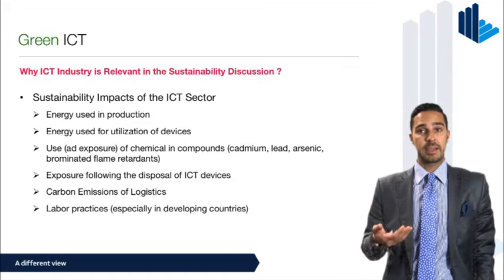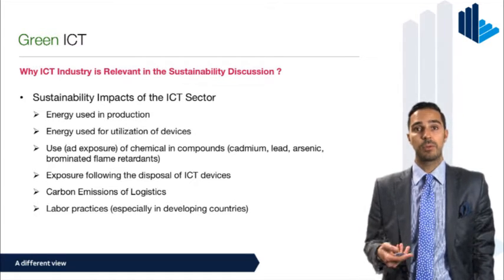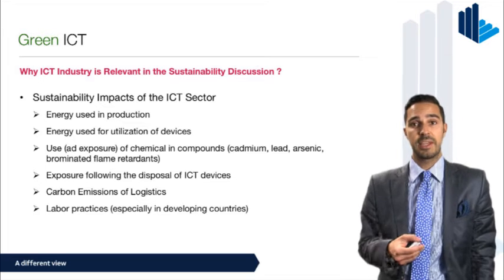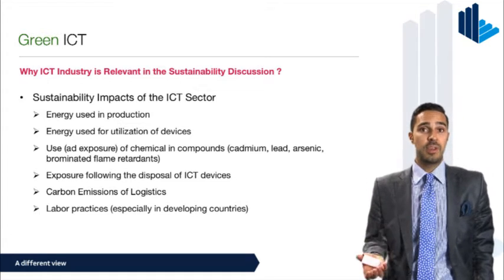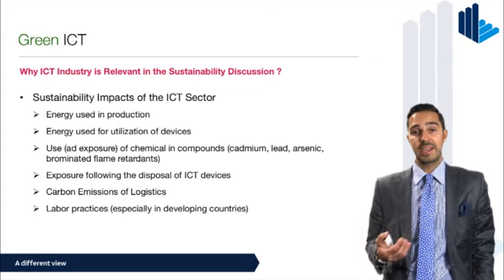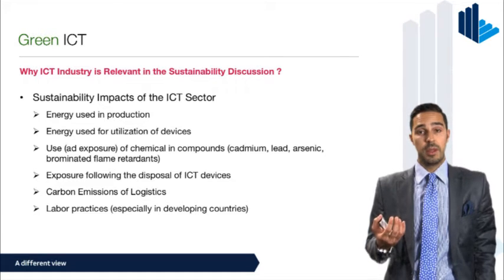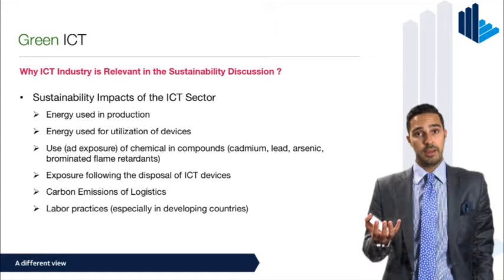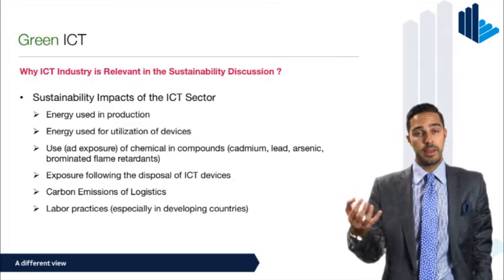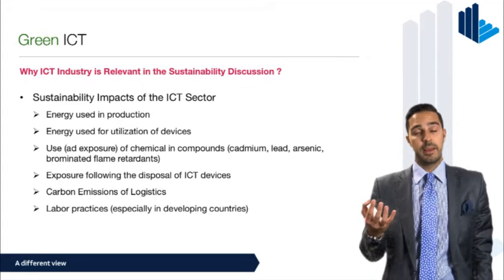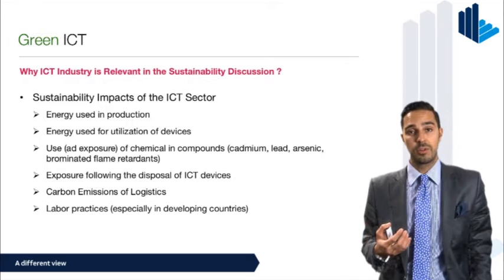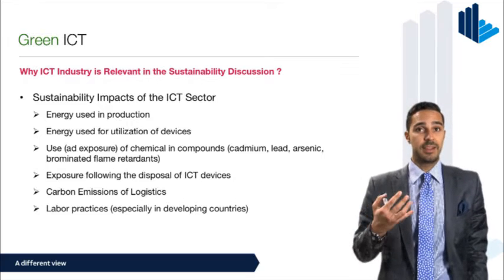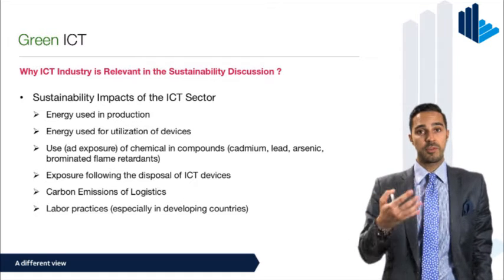Manufacturing high-tech products requires a huge amount of energy, and we will show some data later on. Also, energy is used for running these devices, so there is not only an impact in the production phase of the life cycle, but also an impact when the products are used.